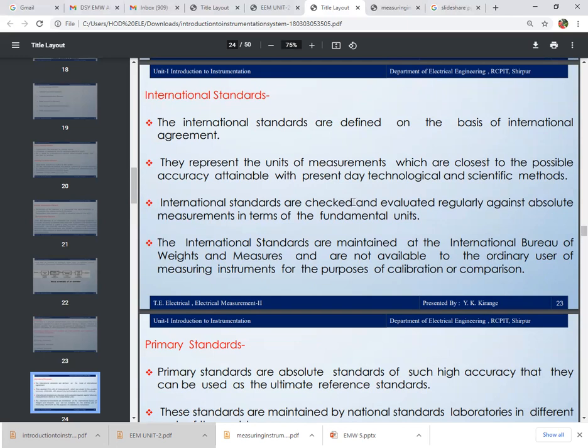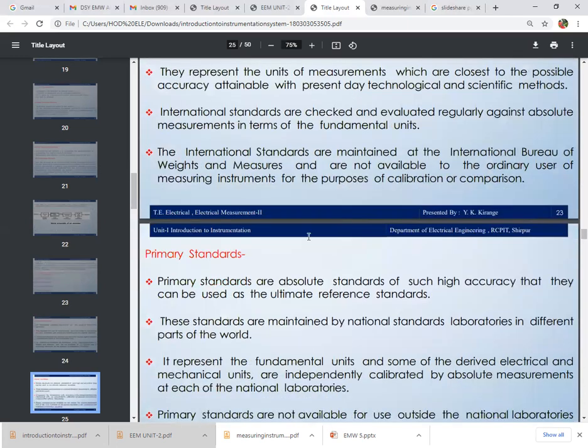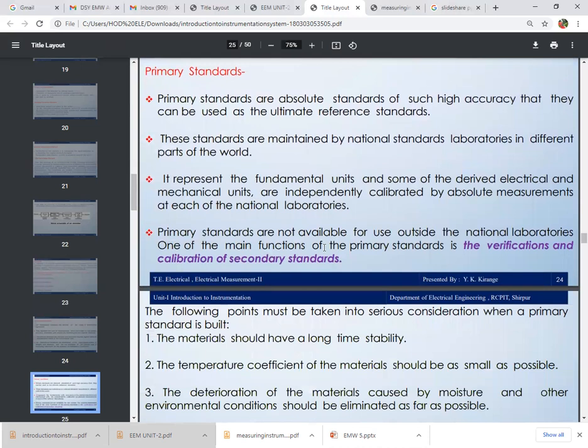So the second one is the primary standards. The primary standards are nothing but our absolute standards, and these standards also have high accuracy. That means the errors are almost equal to 0%, and therefore these standards are used as the ultimate reference of the standards.